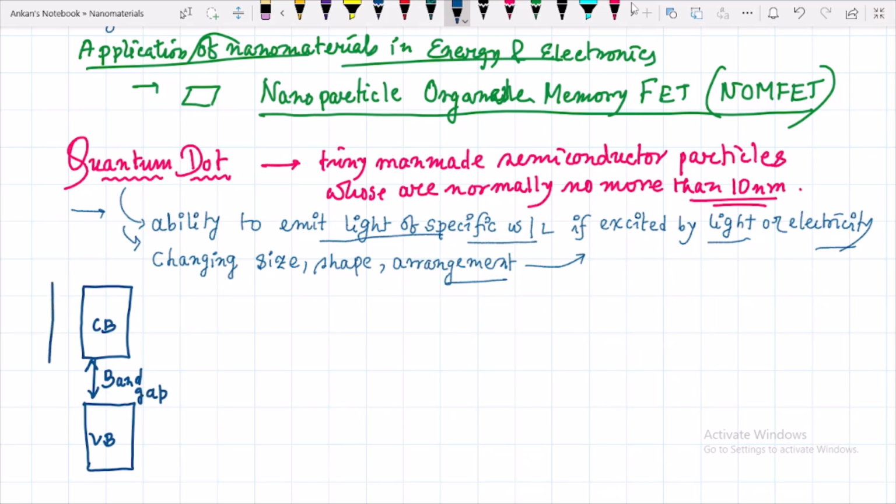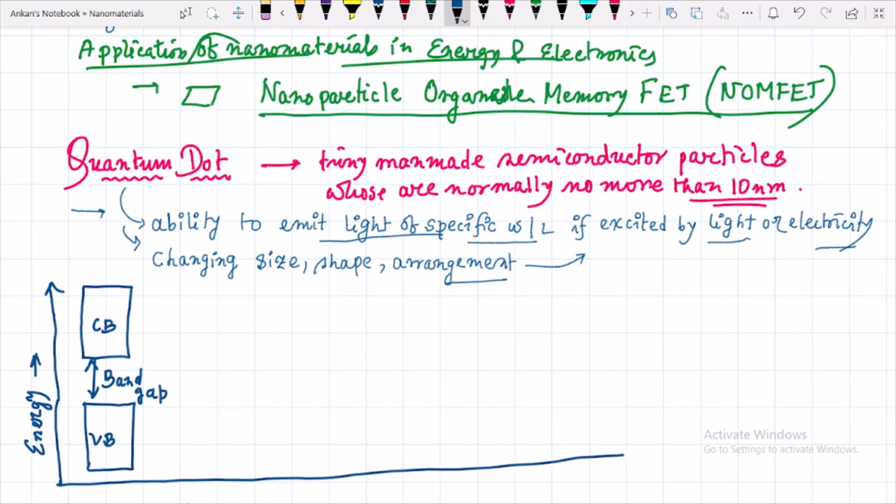If I plot the energy level, energy is plotted along this axis and the size is plotted along this axis.